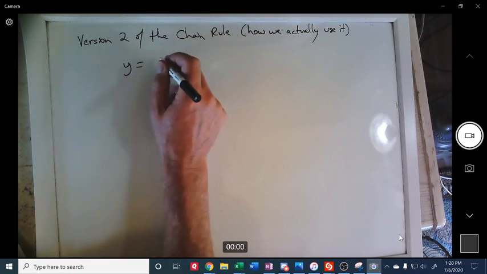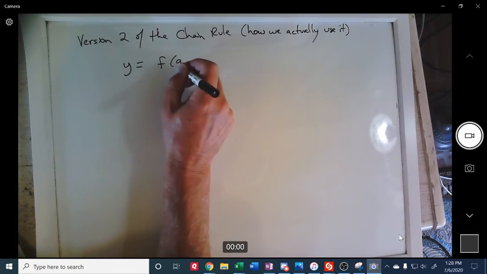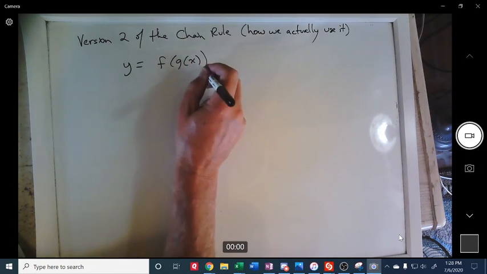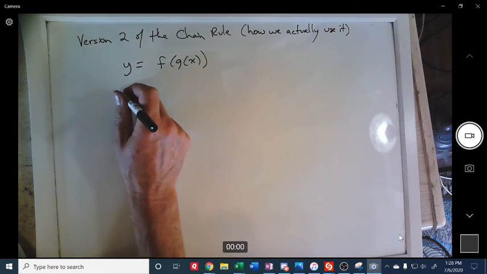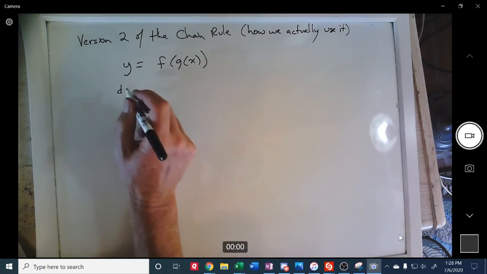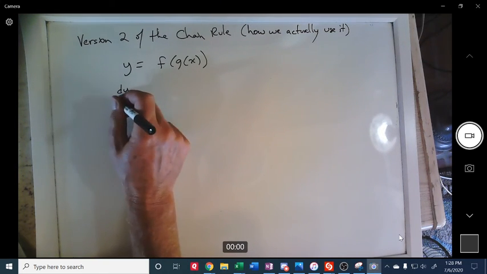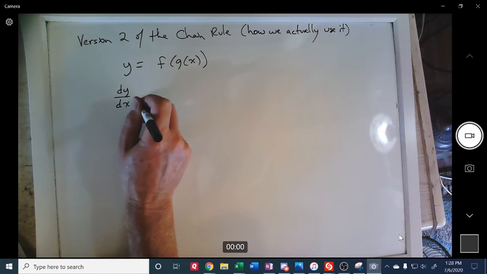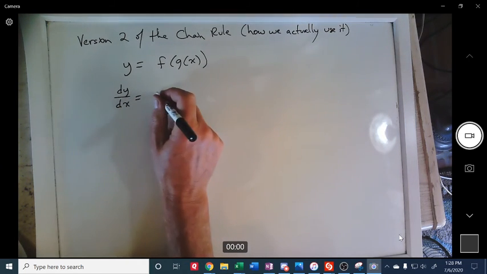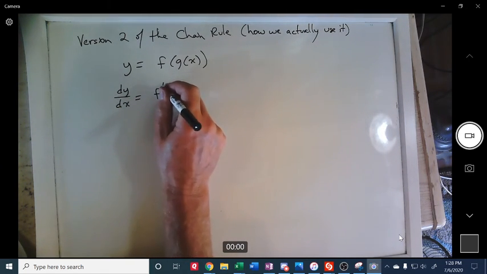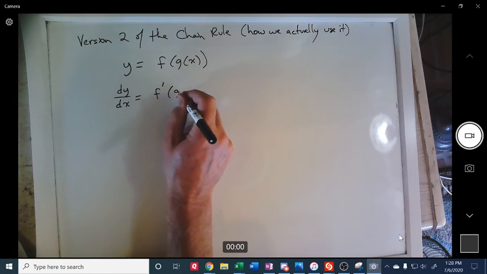Y equals f of g of x. dy/dx is we take the derivative of the outermost function.